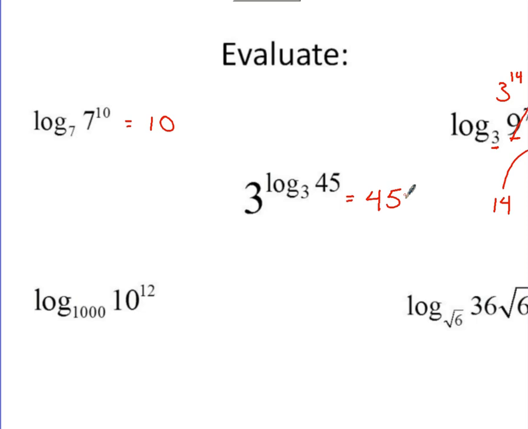So if I've got a logarithm base 1,000, you've got 10 to the 12th plugged in there. Now let's think about this. 1,000 is 10 to the 3rd power, right?